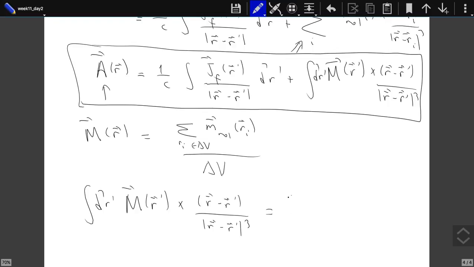Let me just keep the integral as it is, of 1 over |r minus r prime|. This gradient is with respect to the primed coordinate. If it was with respect to the r coordinate, I should have put a minus sign, but since it is with respect to the primed coordinate, I don't need that minus sign.